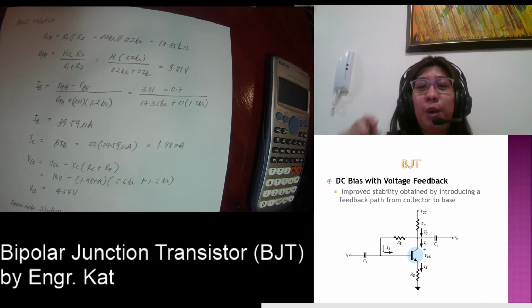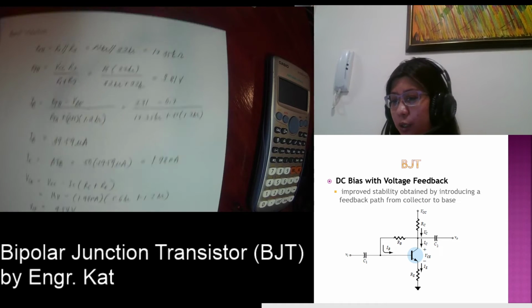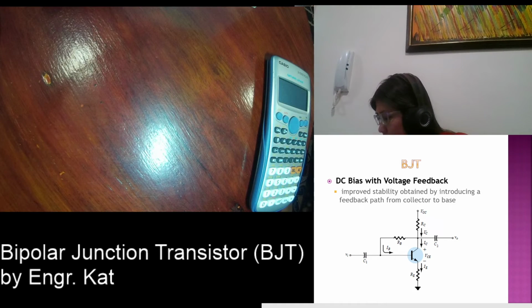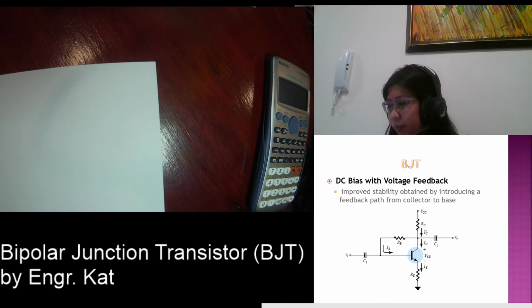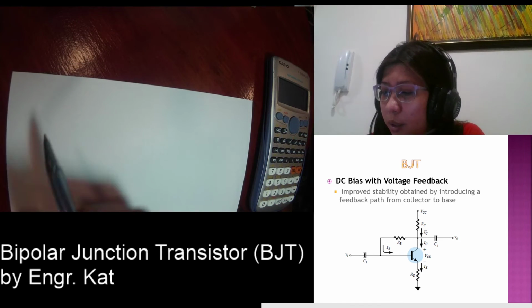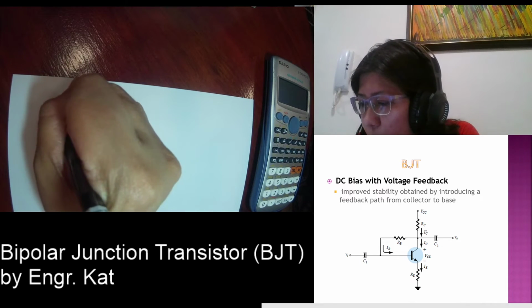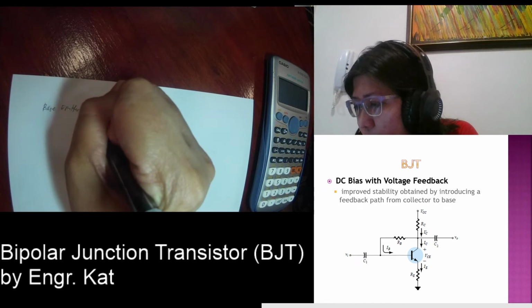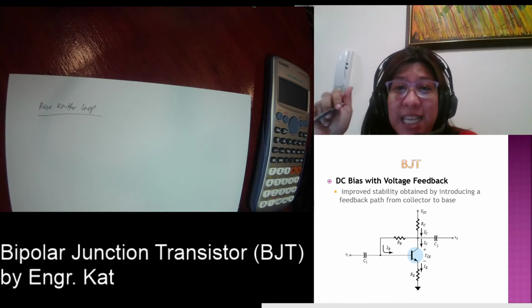Okay, so as you can see, if you're going to compute for the VCC, if you're going to compute for the base emitter, going back to the base emitter loop, we are going to pass through your RC.